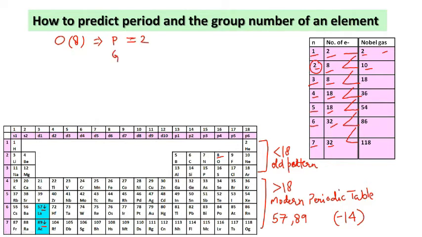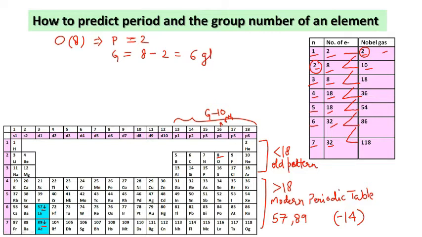The group number is the atomic number minus the last noble gas configuration, which is 2, so 6. So it belongs to the sixth group. According to the old method, we applied here group number minus 10, so here this 16 is also known as the sixth group.